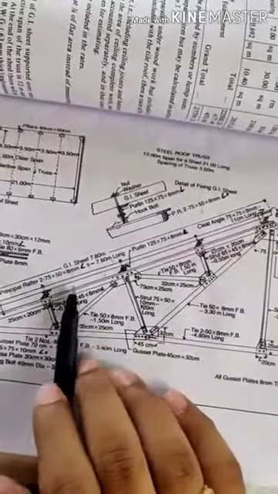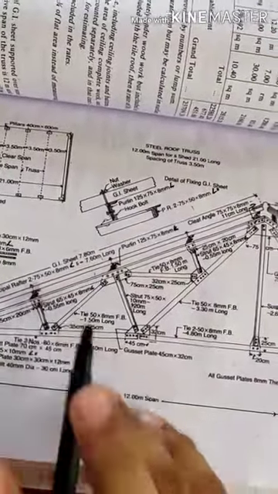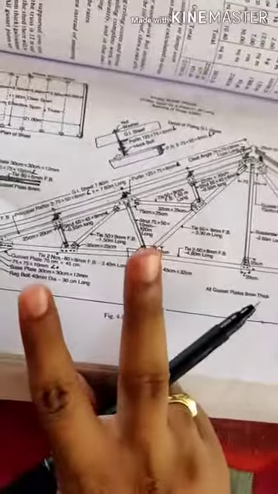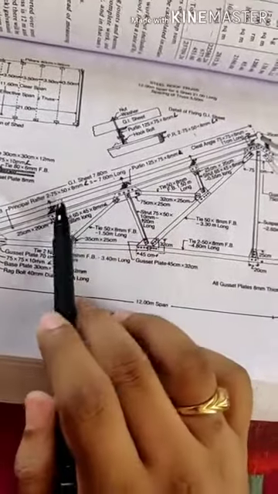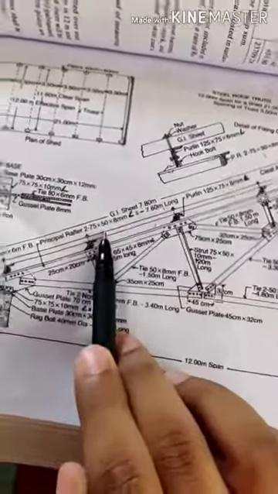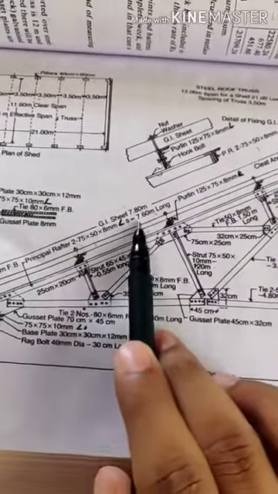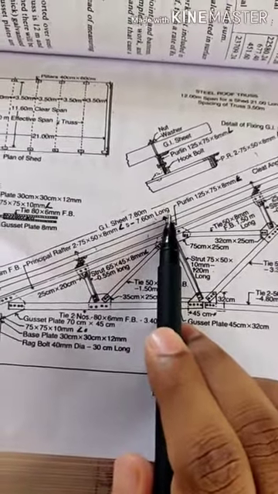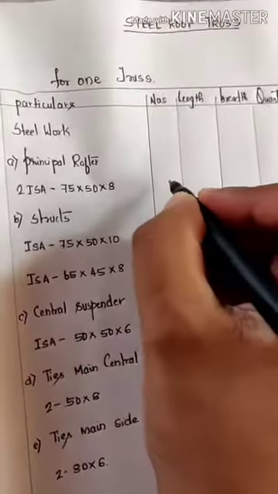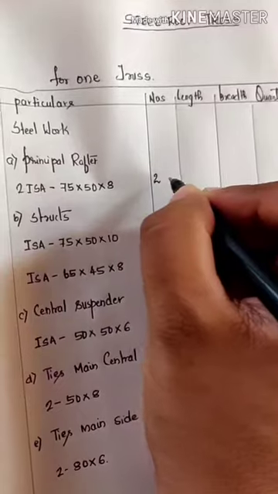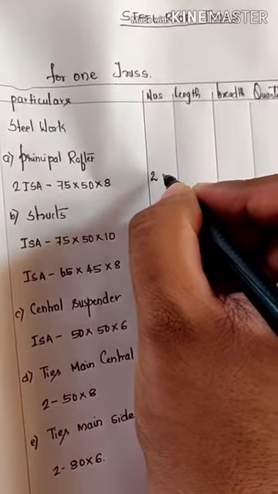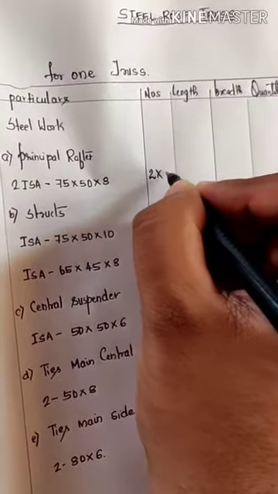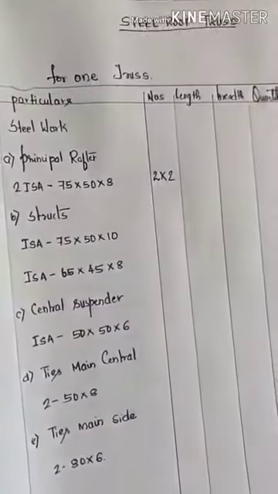So we have 2 ISA, which means there are 2 angles, and the length of each angle for the principal rafter is 7.6 meter long. When we calculate the quantity, there are 2 angles, and then you have to multiply that by 2, because of the other side.